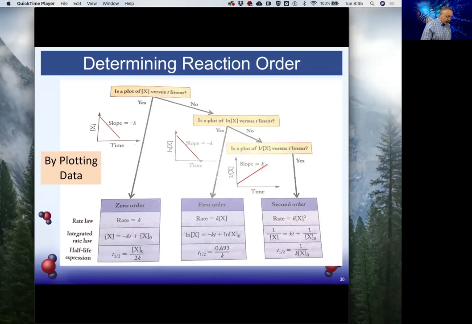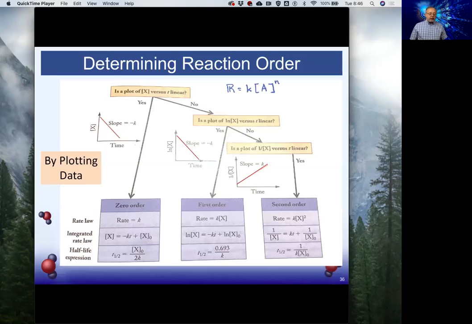Now, the rate of the reaction is equal to the rate constant times the concentration of, let's just concentrate on one component. This slide is about just one component. So to the power of n.